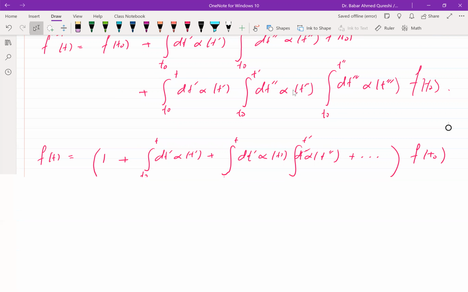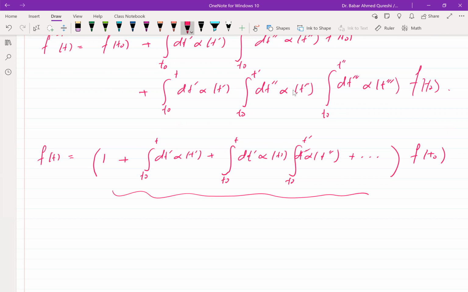This thing is also called a propagator. You're starting with your initial condition, and this propagator is telling you how to go to another time t by just multiplying f of t naught with this thing. You can think of it as an operator, because all this logic works even if you have operators here, even if you are solving an operator equation.